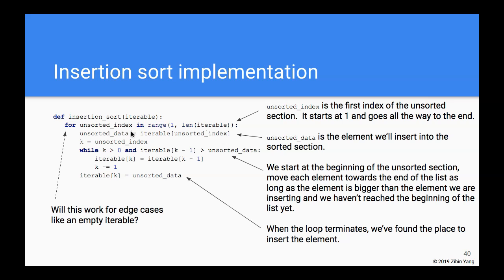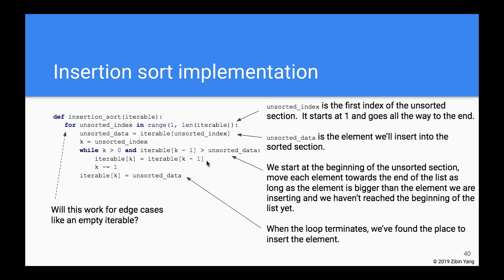Once we get inside the loop, the first thing we do is remember what the element at that unsorted index is. And then we'll have another index, k, that travels inside the sorted portion and tries to find the right place to place the unsorted data. That's what k is for.